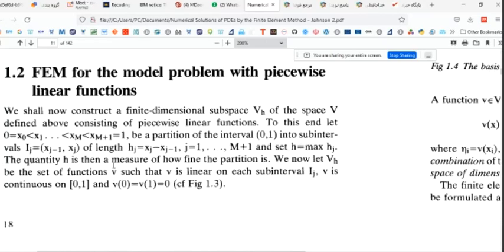The quantity h is then a measure of how fine the partition is.